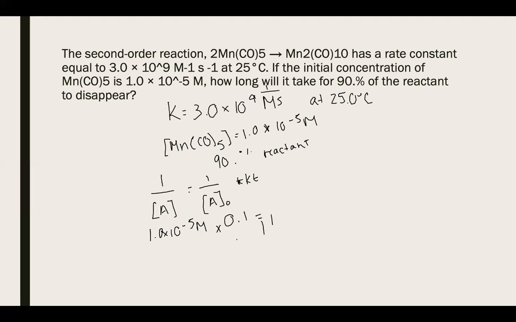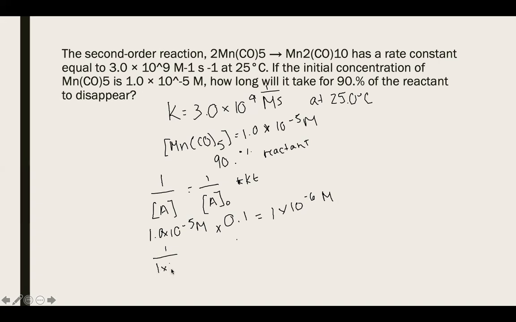And so now you have everything that you need to plug into your equation. Let me rearrange it so that we can put things into our equation. Again, it's 1 times 10 to the negative sixth molarity here. We have this value for A because we know only 10% of it is going to be remaining.